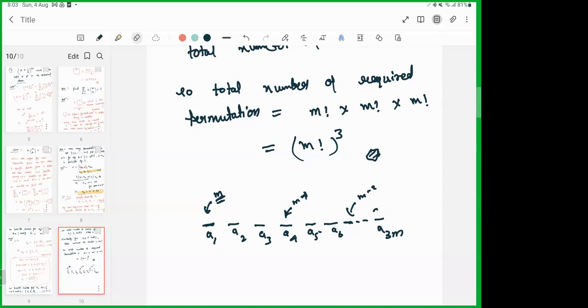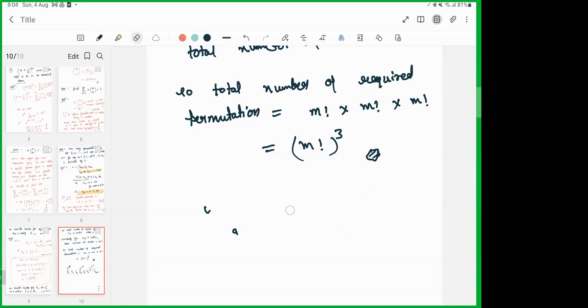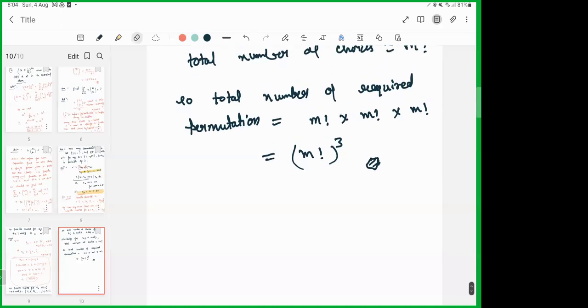Similarly for the A2 slots, and then similarly for the A3 slots. For A2 we have m choices, then for A5 we have m minus 1 choices, then so on. Similarly for A3 we have m choices, then so on. So how does this quantity come out to be factorial of m?